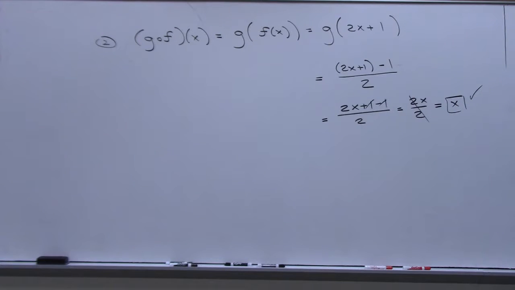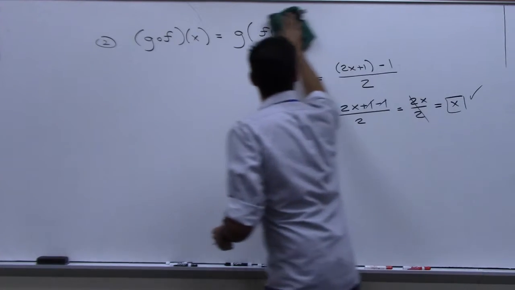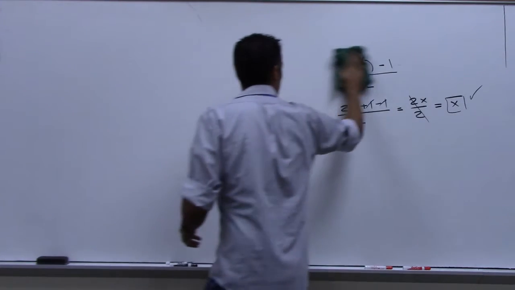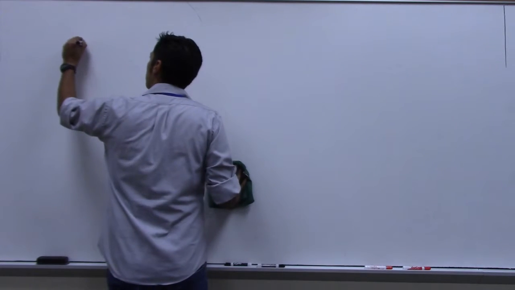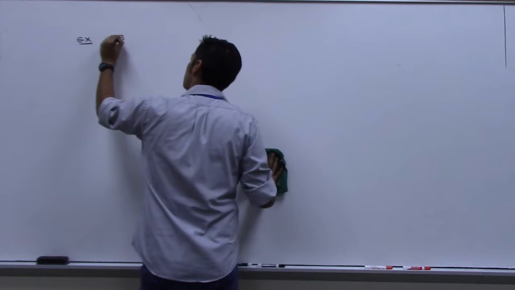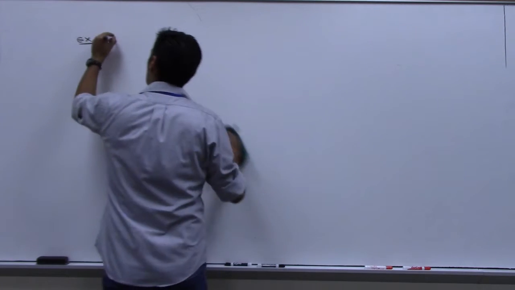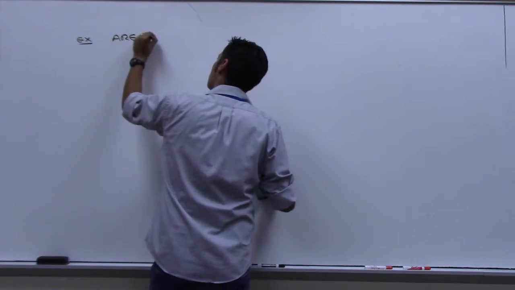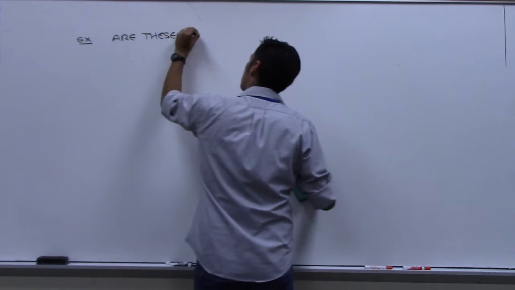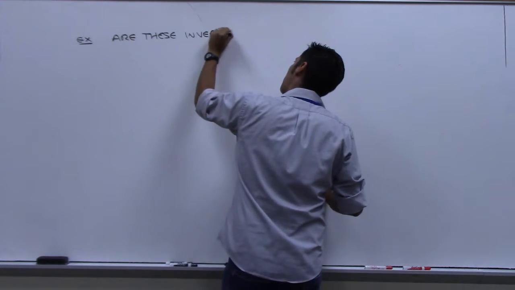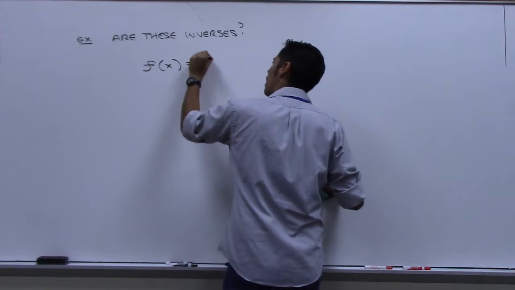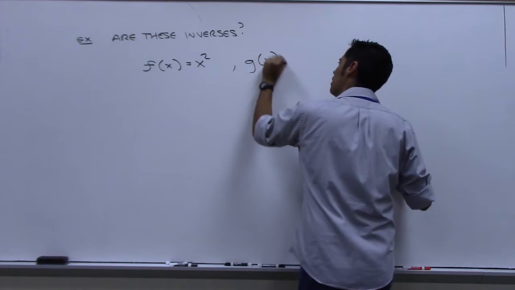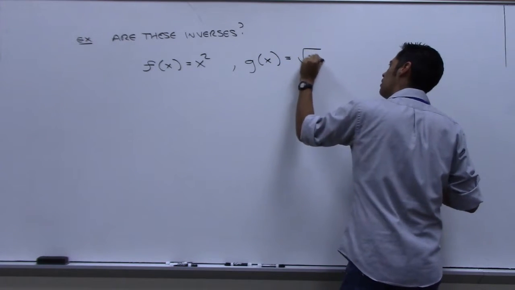Now let's do one that's a little more complicated. Are these inverses? f of x equals x squared, g of x equals square root of x.